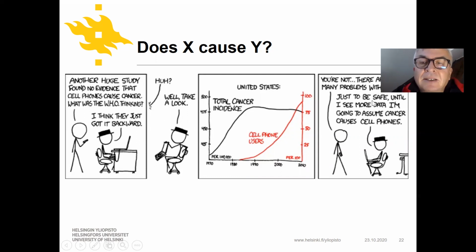Typically, it's nice to be on the safe side, as this guy with a hat. So assuming something that is kind of a safe bet means that maybe you are not putting people in unnecessary danger.